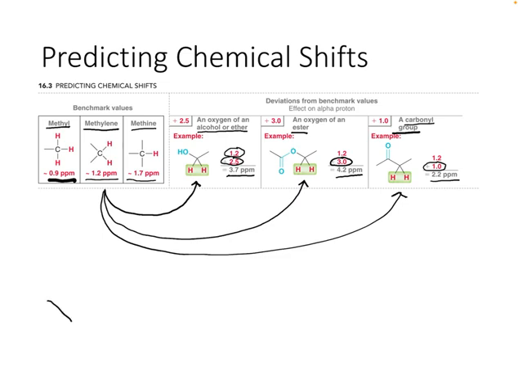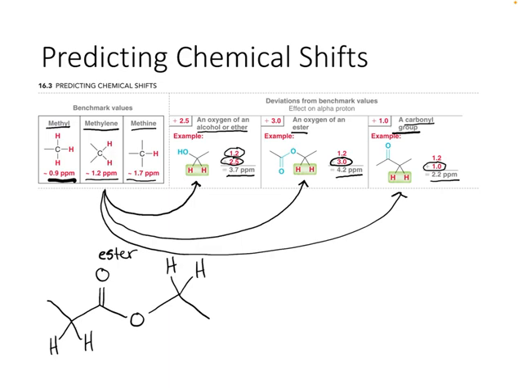So let's say we have an ester, and there's ethyl groups on either side of the ester. Now let's look at the 2 protons on the left side and the 2 protons on the right side.